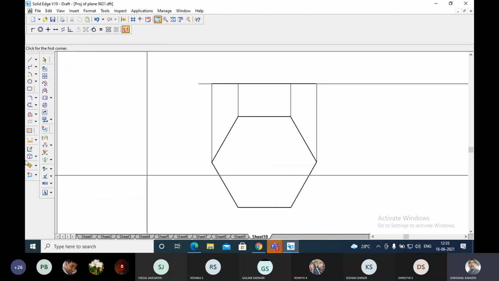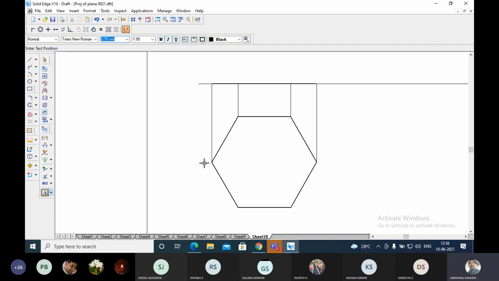The naming also can be done. You can take any: A, B, C, D, E, F. That's all. And keep them properly. Okay, I kept them. Now write the namings.